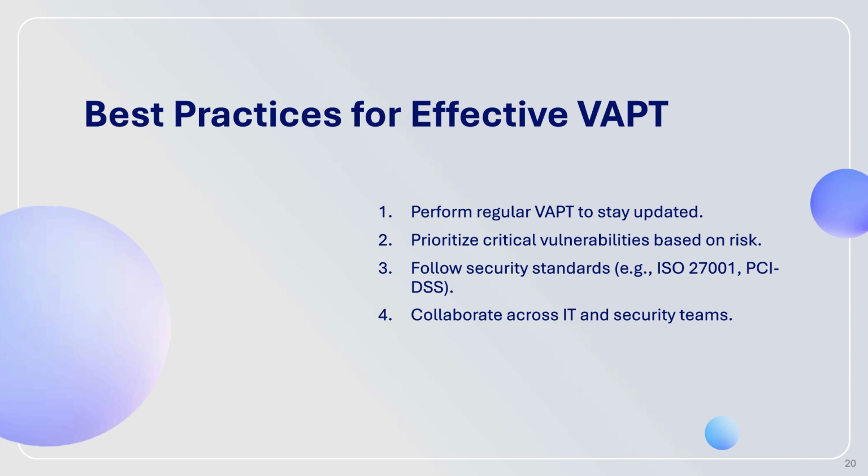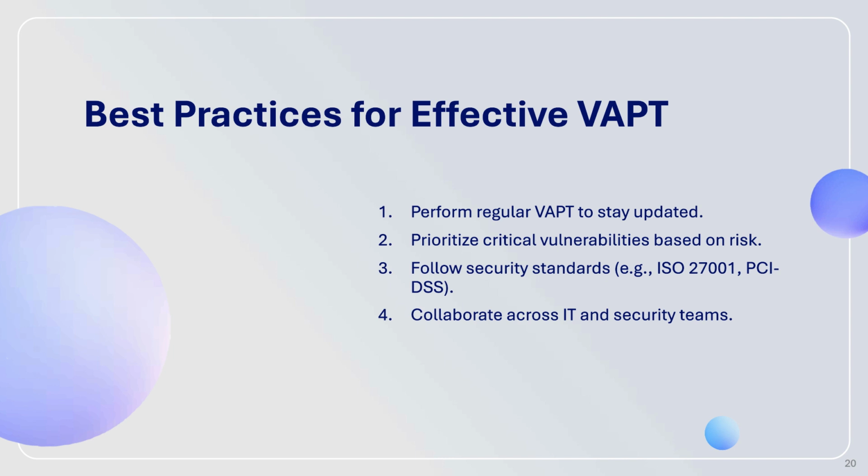Now, to ensure effective VAPT, there are some best practices. Perform regular VAPT. This helps organizations stay updated with the latest threats. Prioritize critical vulnerabilities. Focus on fixing the most impactful risks first. Follow security standards.